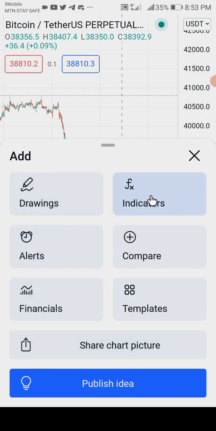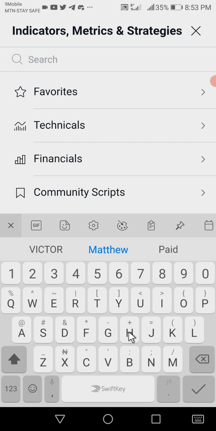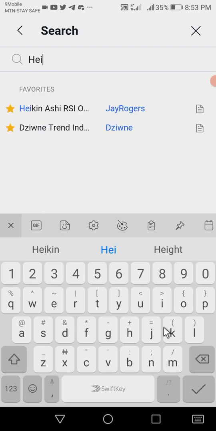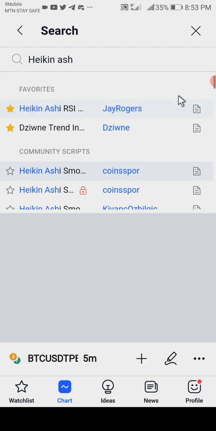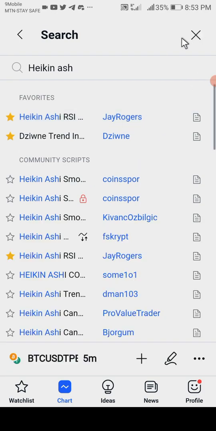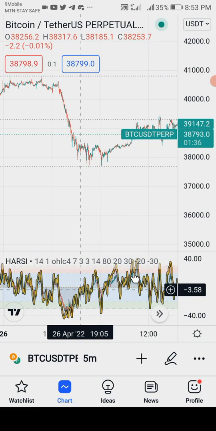You go to FS indicators, then you search for Heiken Ashi RSI. Okay, this is it. This is the one at the top by J Rogers. Click on it once, then we go back. Okay, this is the indicator I'm talking about.